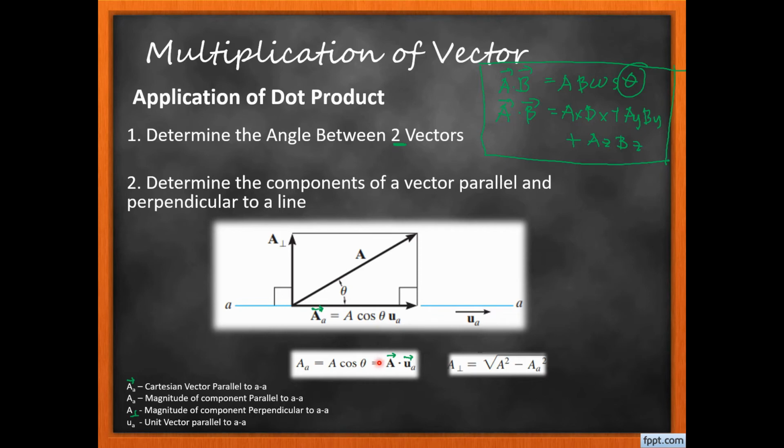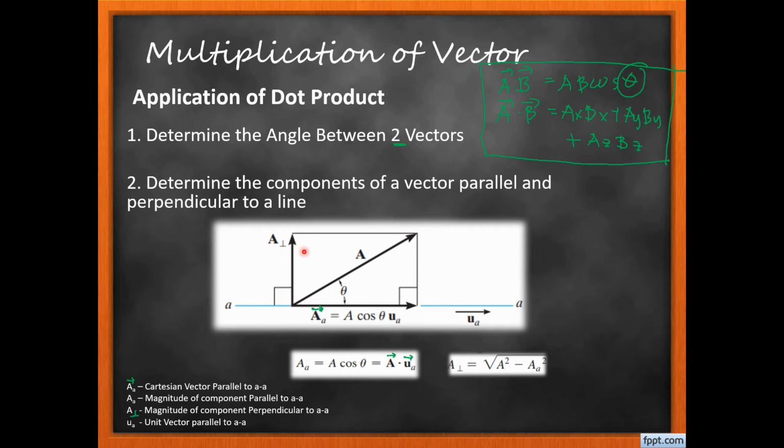And that is also equal to the vector A in Cartesian vector form, dot the unit vector of A parallel to the line A. So yung dot product pala ng ating Cartesian vector A saka yung unit vector A dun sa line na yun is also equal to the magnitude of A dun sa component parallel dun sa A.